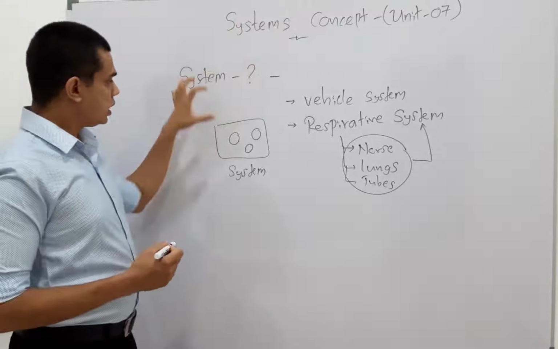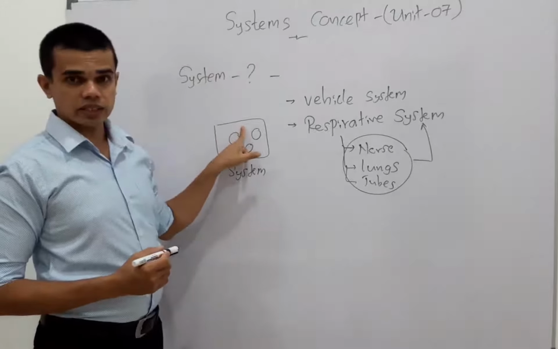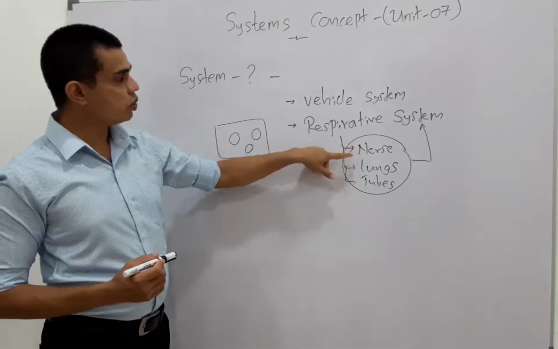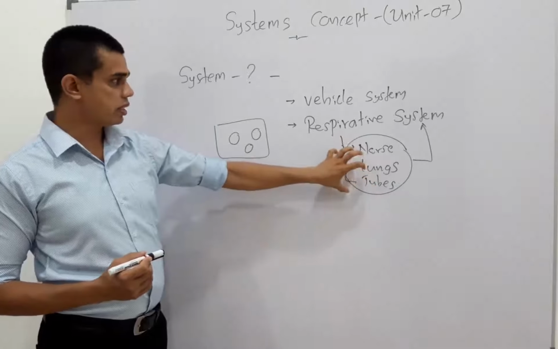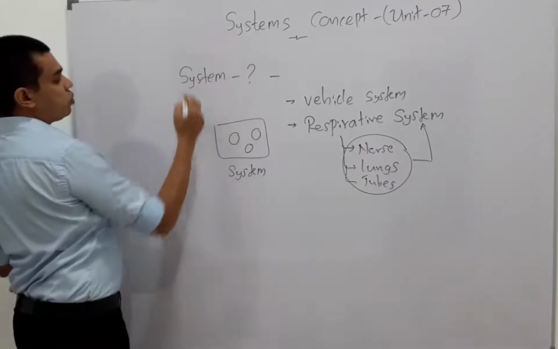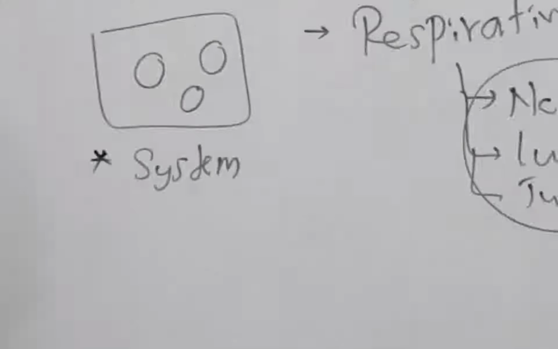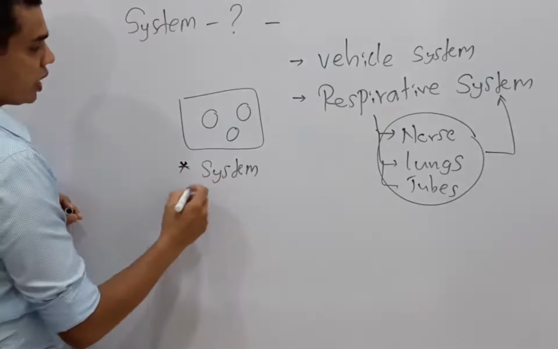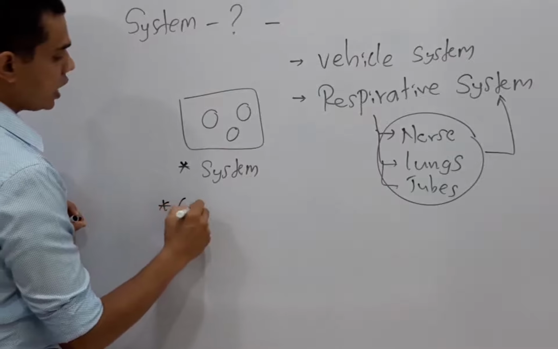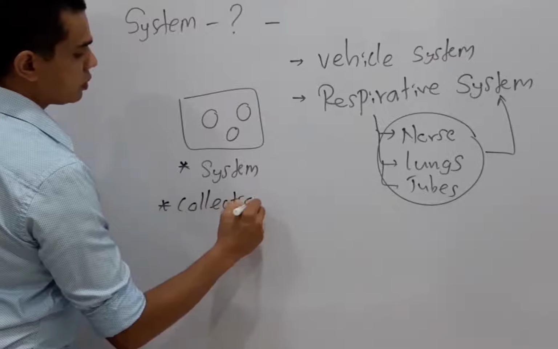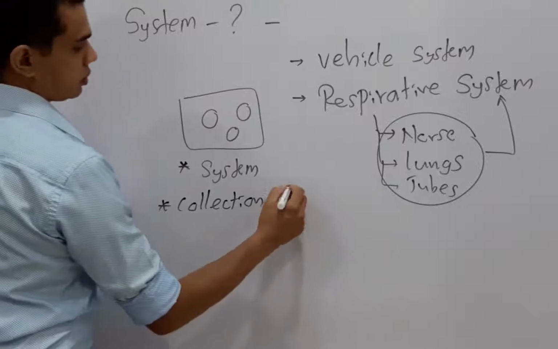System means a collection of items. We don't know exactly what the items are. For the respiratory system, it may be the nose, lungs and some other gadgets. But generally, if we go for the concept of a system, this is the way we define it. System is defined with the term collection of items.